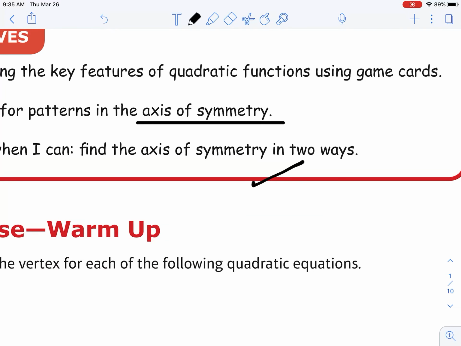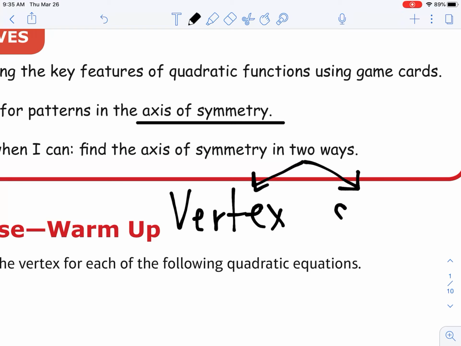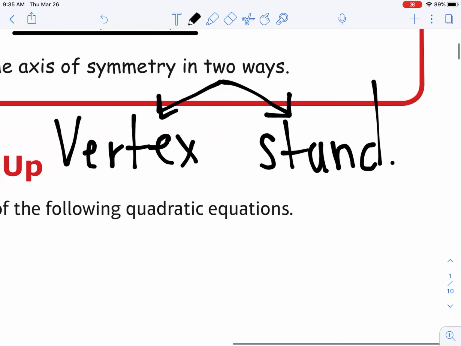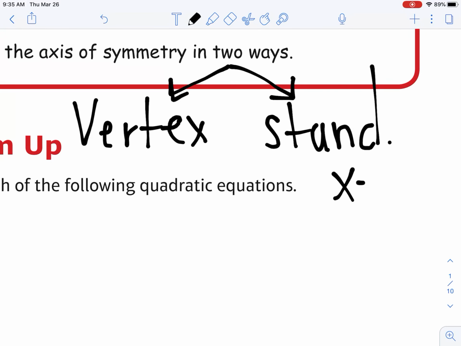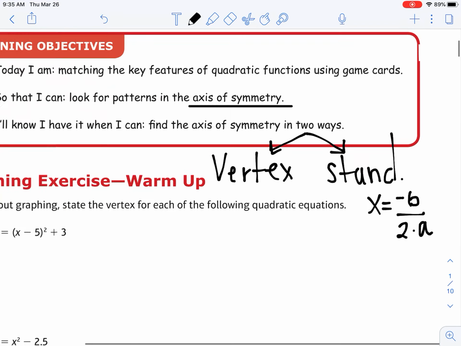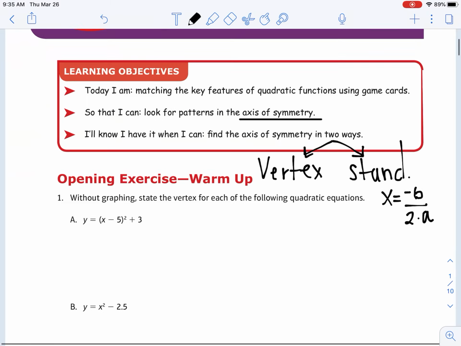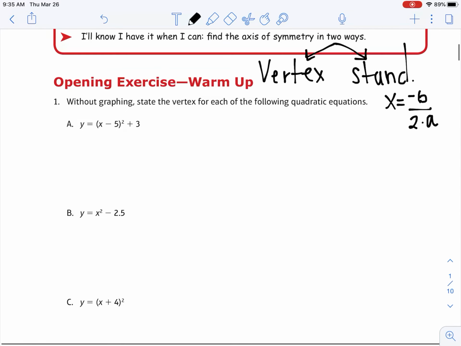The two ways are one from vertex form and the other from standard form using the formula, which is x equals negative b all over 2a. So if you can find the axis of symmetry provided vertex form or standard form, you're in good shape. So that will be the goal today.